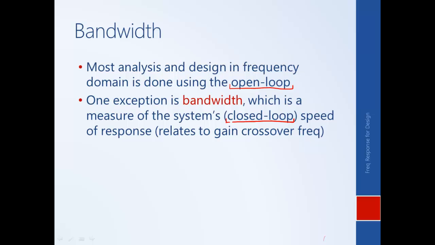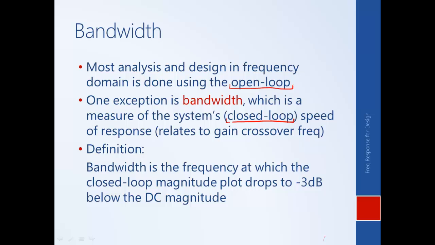Previously, we had used the gain crossover frequency, which we found from the open loop frequency response, to measure the system's speed of response, and these two are related. Bandwidth is defined as the frequency at which the closed loop magnitude plot drops -3 decibels below the DC magnitude.